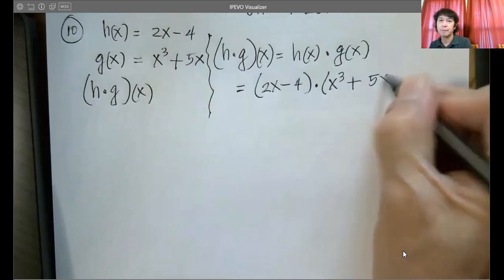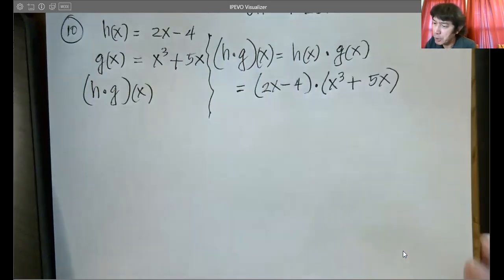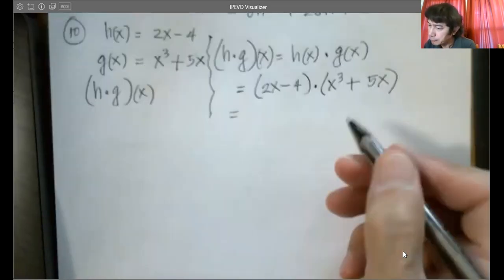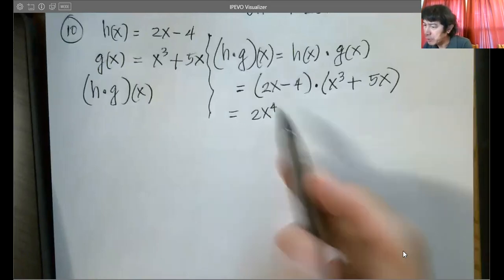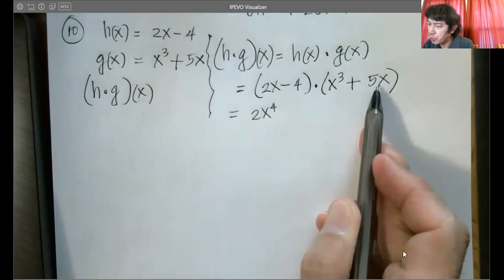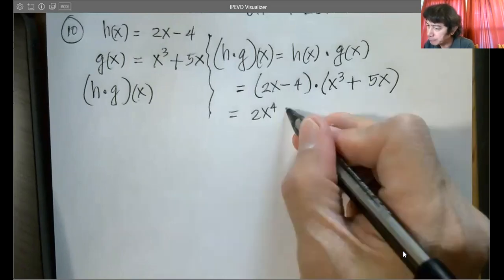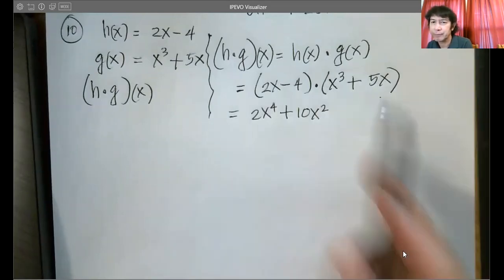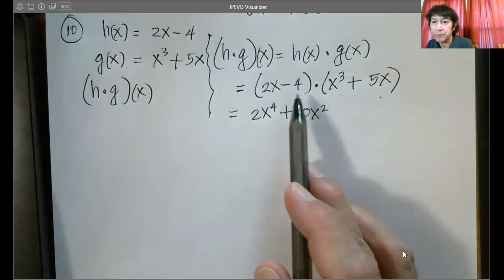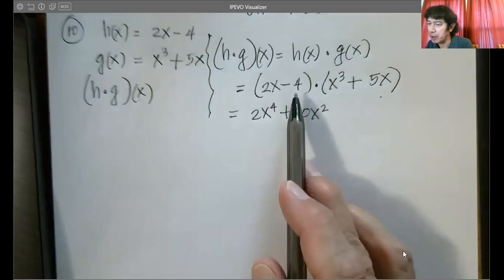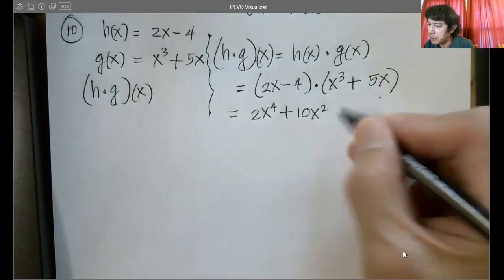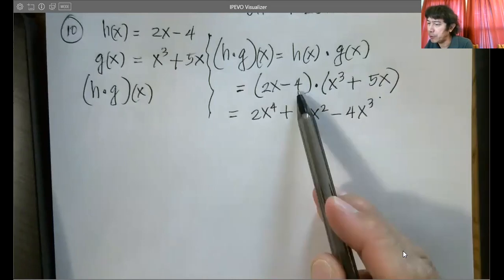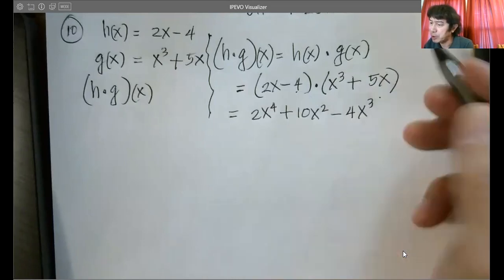So we multiply this, okay, I proceed. 2x times x cubed, that's 2x to the fourth. And then 2x times the 5x, that's 10x squared, positive. So we're done multiplying the 2x by these 2. We're now using the negative 4. So negative 4 and the x cubed is negative 4x cubed. And then the final multiply is negative 4 by the 5x. That's a negative 20x.